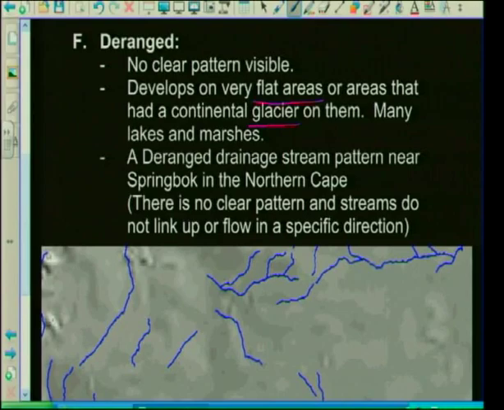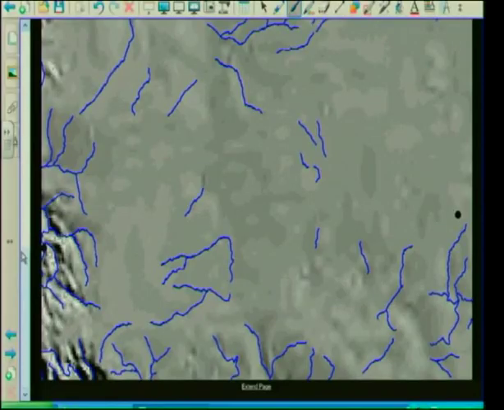I can tell you now that a deranged pattern is not asked as commonly as your dendritic, trellis or radial patterns that we have previously discussed. Just looking here at the diagram, you will notice that this deranged pattern has absolutely no sense to it. There's just arbitrary streams in the middle of nowhere.